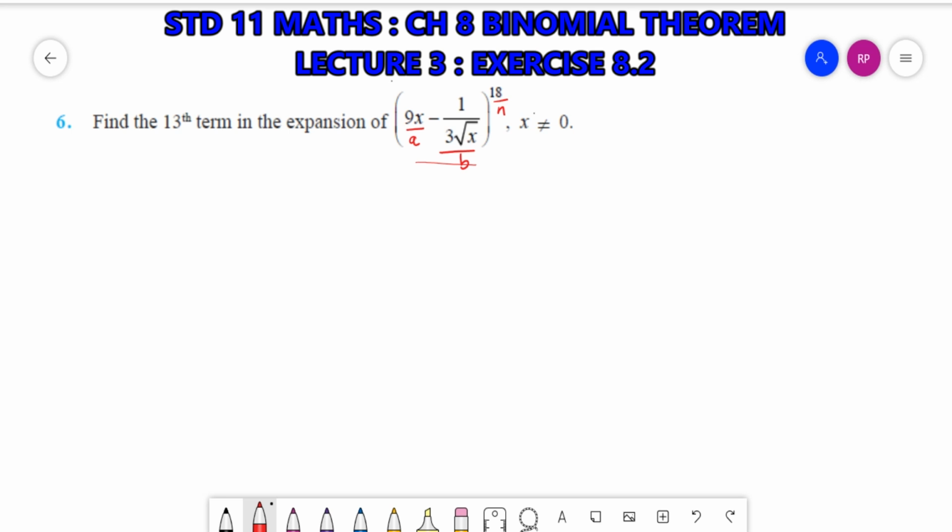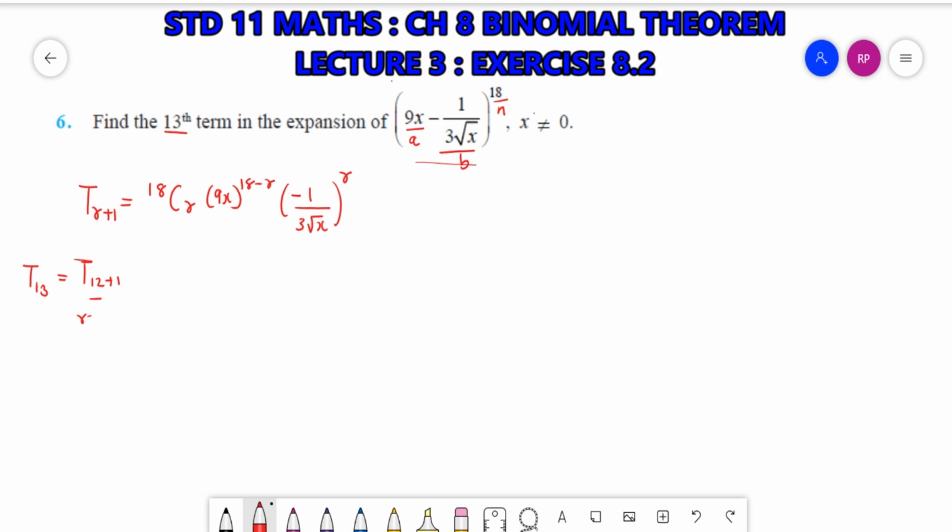So we'll first use the formula for general term. This is equal to NCR means 18CR, A raised to 18 minus R, so 9x raised to 18 minus R, and B means minus 1 upon 3 root x whole raised to R. Okay, now the question is 13th term. So the 13th will be equal to T12 plus 1.